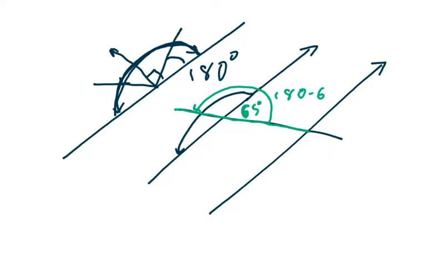We subtract 65 from 180. That would be 5. 6 from 17 would be 85.